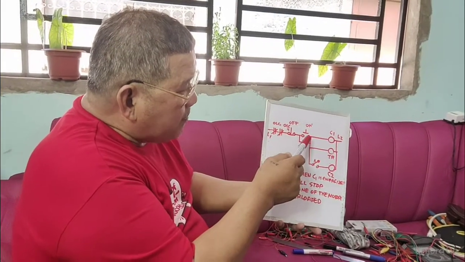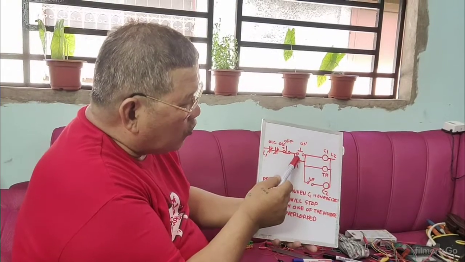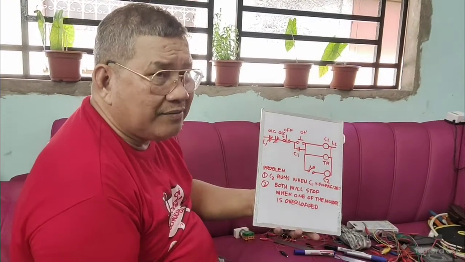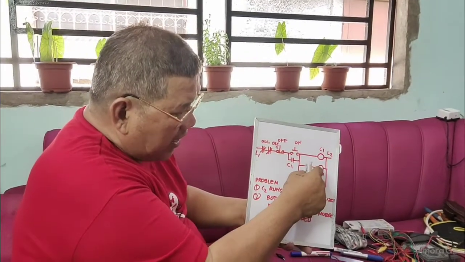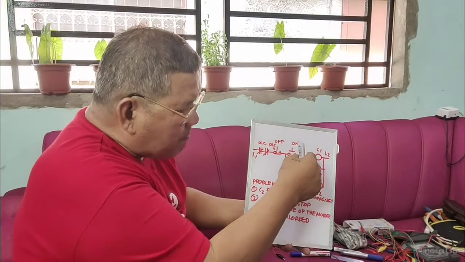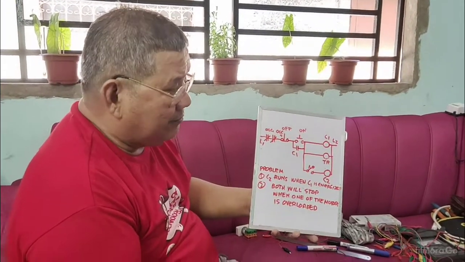I press the button here, on. Then of course, this will energize, this will close. At the same time, the timer now is running because the magnetic coil is energized, considering that it is connected in parallel to the magnetic coil of your conveyor number 1.